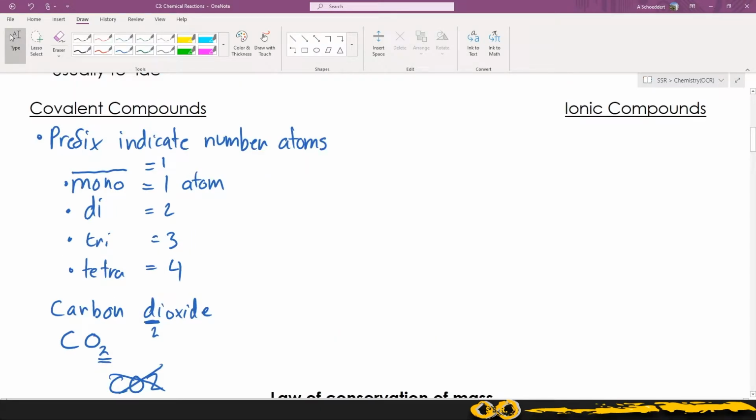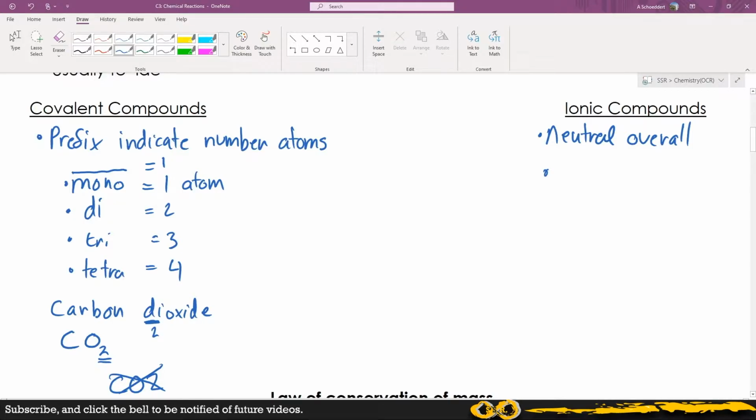For your ionic compounds, we don't have prefixes to indicate numbers. Instead, we need to remember that ionic compounds need to be neutral overall, and therefore we can go about this by balancing the charges. Let's look at an example.